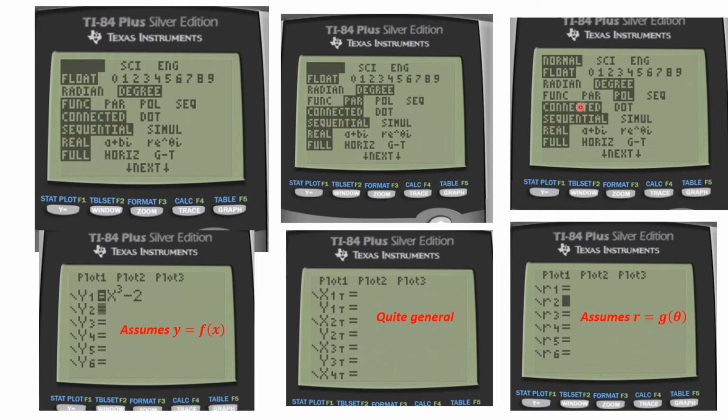Now, this is what comes up whenever I go to do something. And again, this particular thing is saying that r equals g of theta, or r is a function of theta. Is it always simple to be a function of theta? And the answer is no, but it's a similar kind of assumption for this. So you see it's a very different setting even on your calculators.